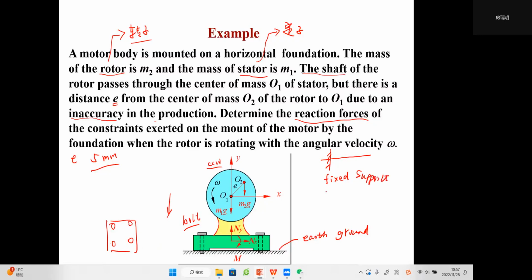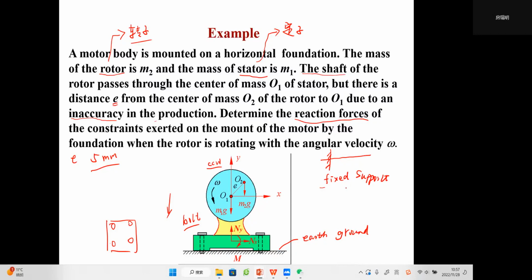So we can draw its 3 reaction forces here. That is an X and Y and a reaction M, which will restrict this whole system so it cannot rotate, right? So that is fixed support.